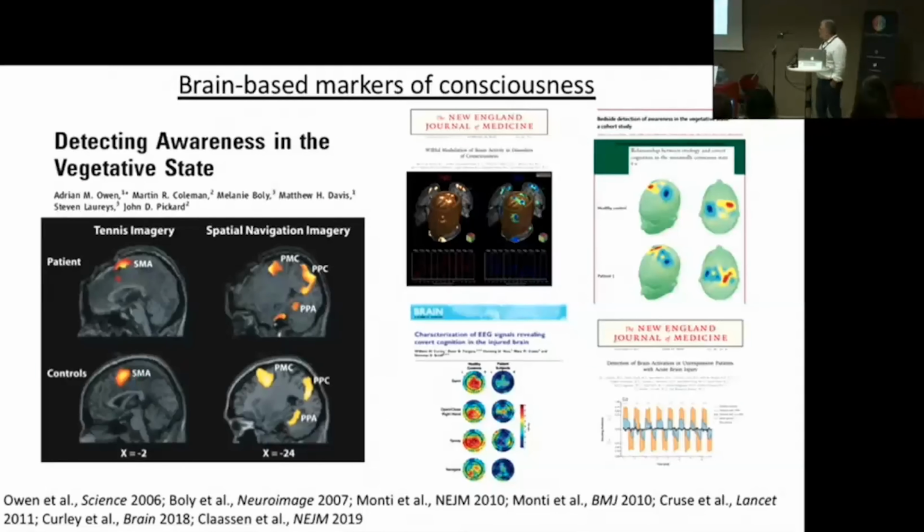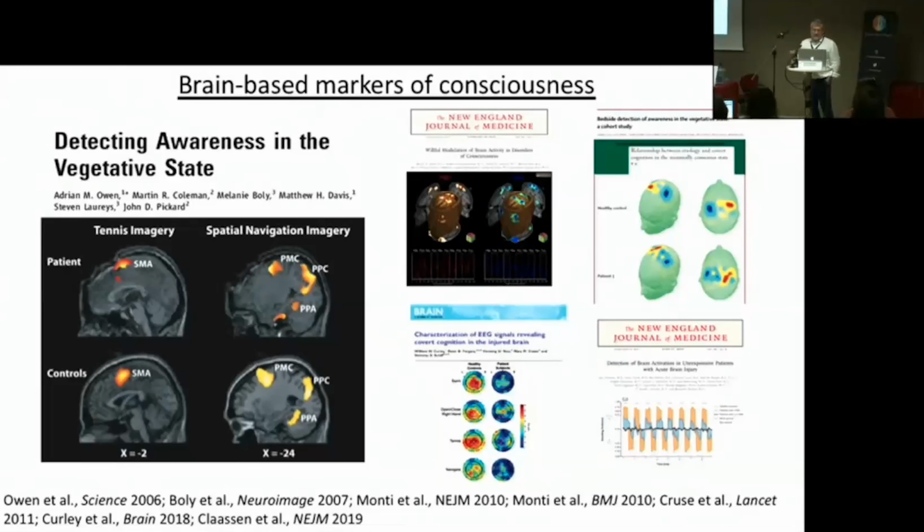That's why, since say 2006, more or less, many brain-based and not behavior-based markers have been devised by several groups around the world. We can go through that, but we don't have time for it. Basically, this is the seminal work by Adrian Owen.